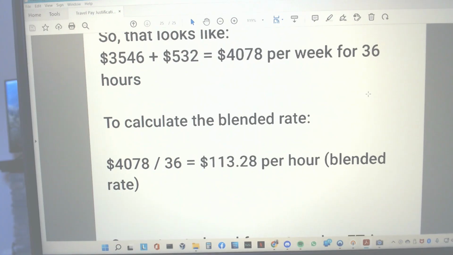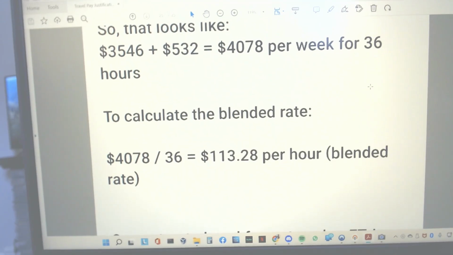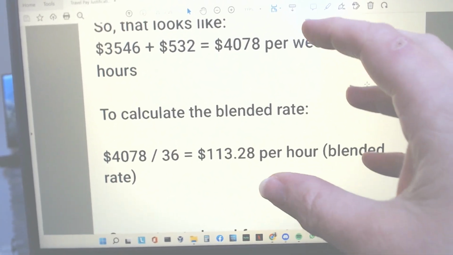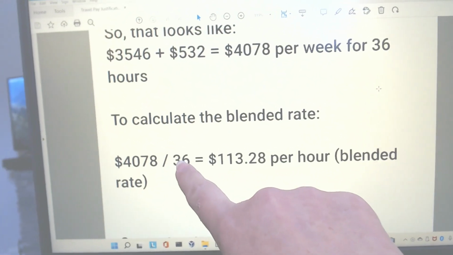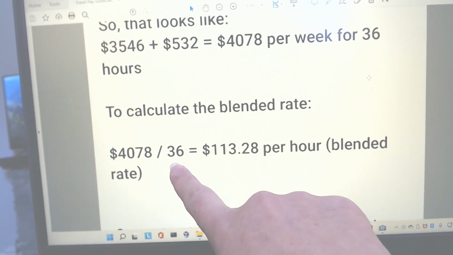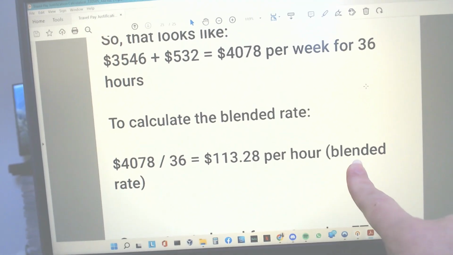So a blended rate is when you take your stipends, all of them, and you add it to your hourly total, all of that, and then you divide, this is our grand total here, and you divide it by the hours that you will be required to work each week. And that will give you your blended rate.